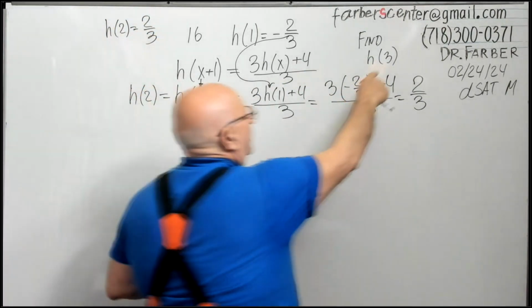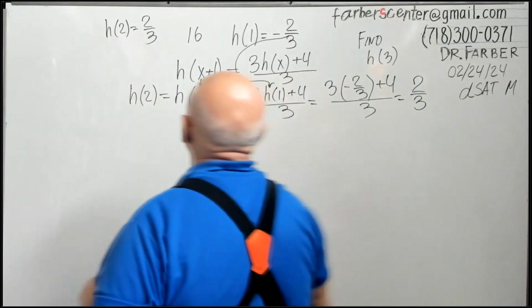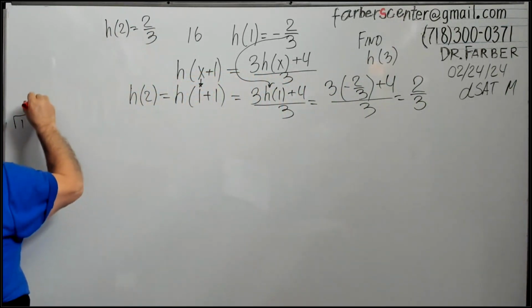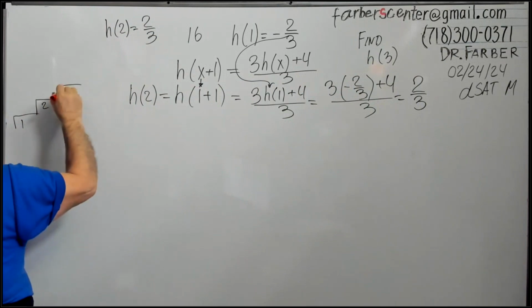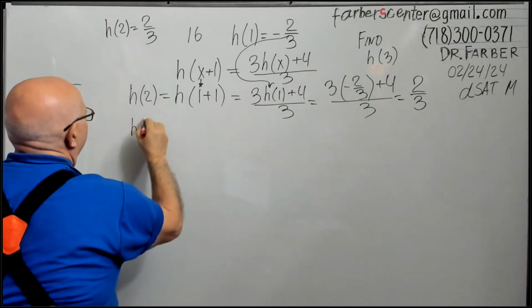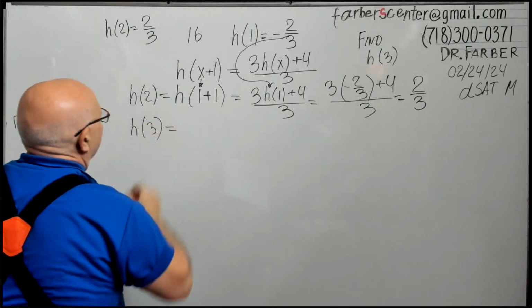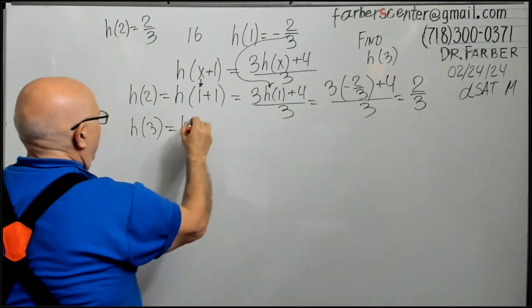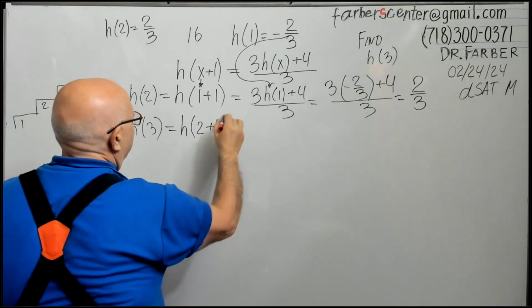But my goal is to find h of 3. Let's do another step. This is 1, this is 2, and this is 3. What is h of 3? h of 3 is the same as h of 2 plus 1.